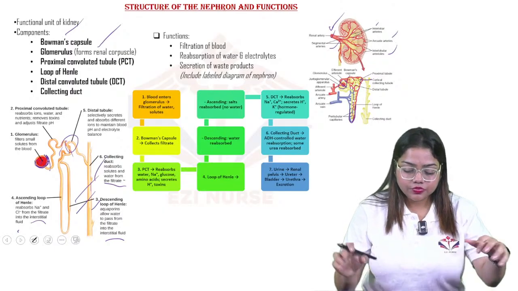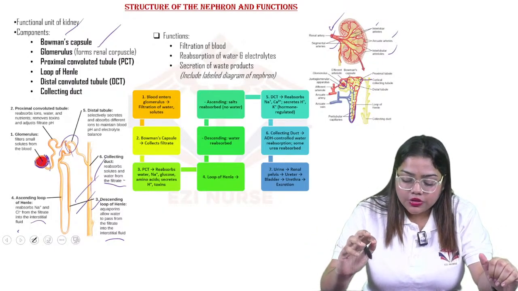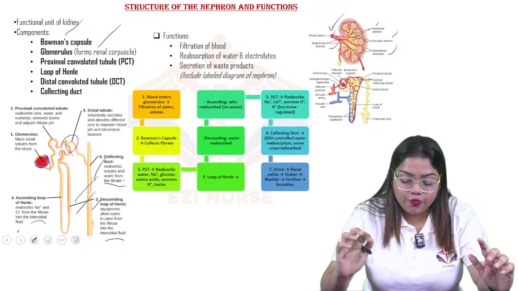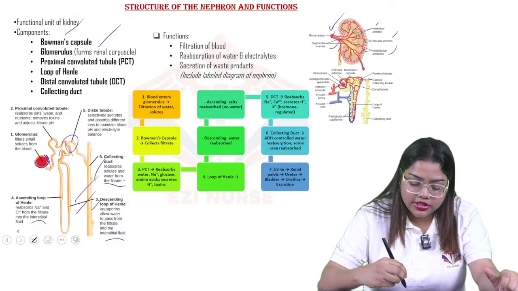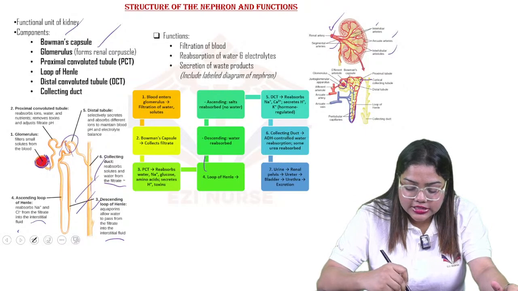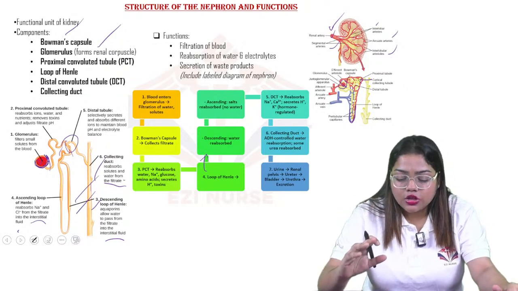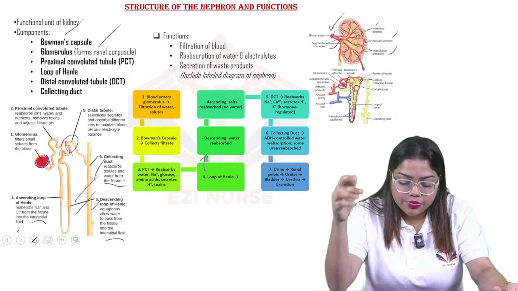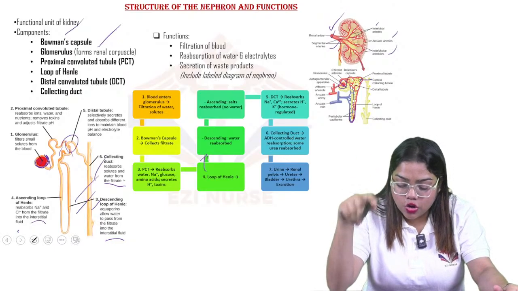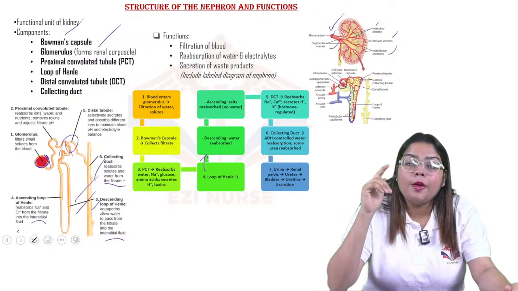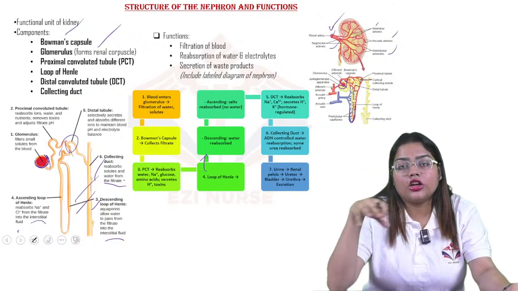Okay, so now the fourth step is the loop of Henle. So what happens in the loop of Henle? In the descending part of the loop of Henle, the water will be reabsorbed, and in the ascending part the salts will be reabsorbed, but here no water will be absorbed.